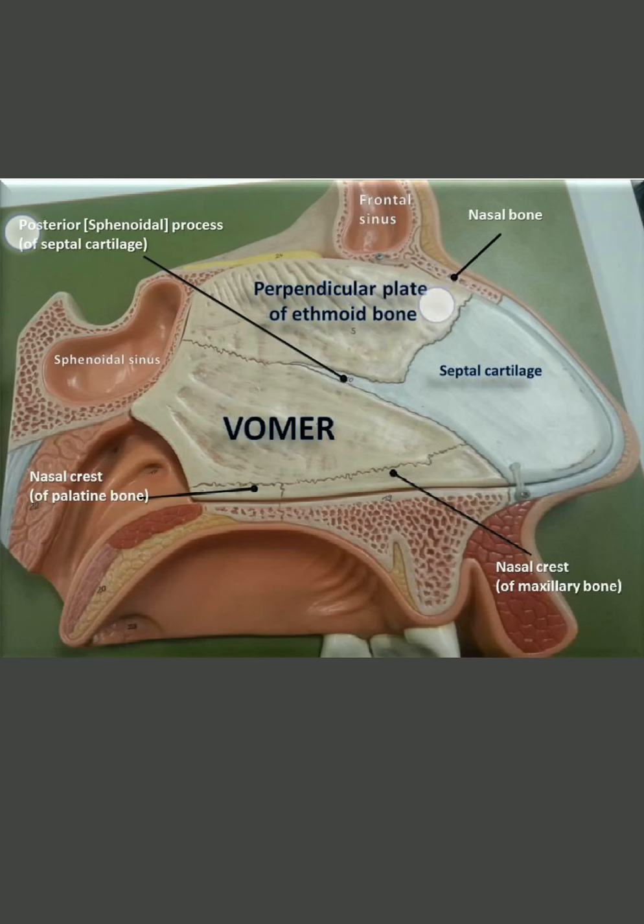So this entire part is the bony portion of the nasal septum and this is the cartilaginous portion of the nasal septum, and it is formed by the septal cartilage and the septal process of the inferior nasal cartilage.